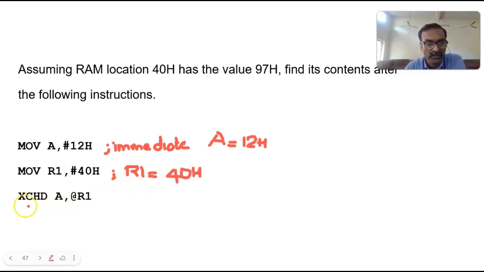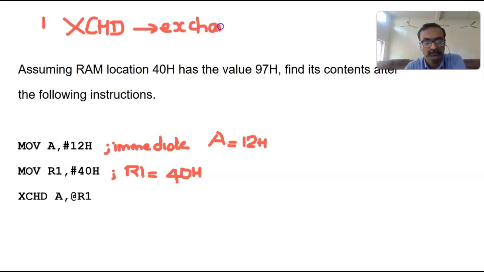Now the third instruction is XCHD A comma @R1. So what does it mean? XCHD means exchange nibble. Nibble means 4 bits.